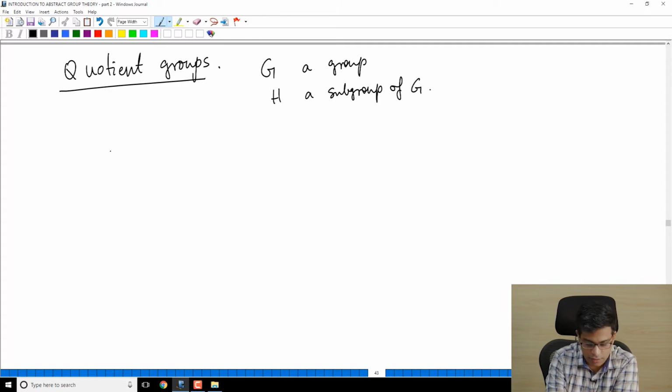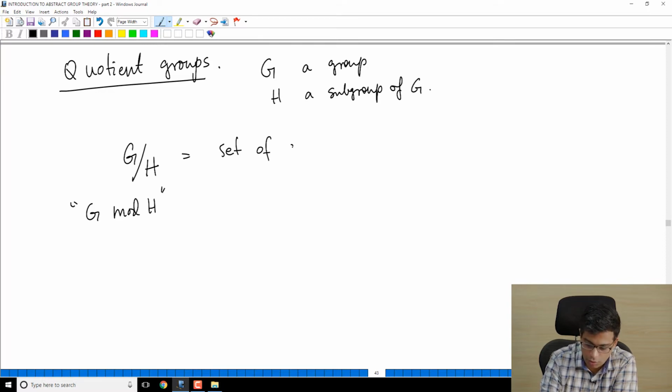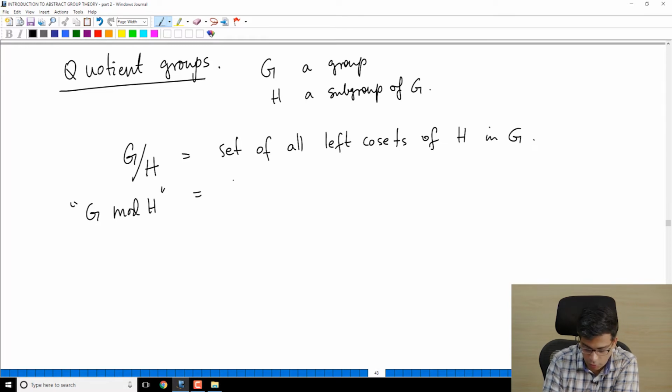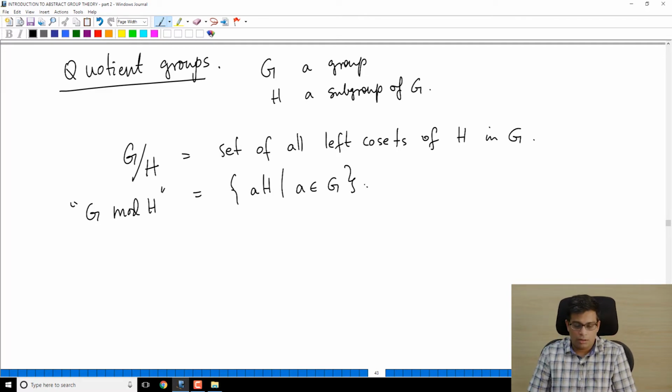In the previous video I introduced for you the notation G mod H. G mod H was this set of all left cosets of H in G. So in other words, these are all elements of the form aH, where a is in G. To begin with, this is just a set, and we computed this set in some cases.